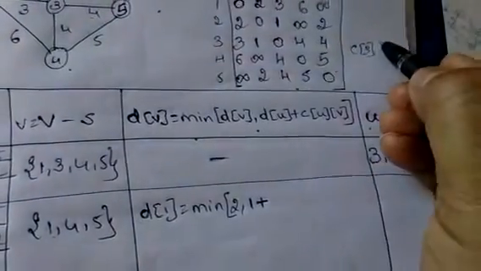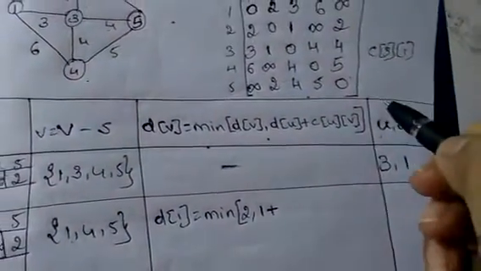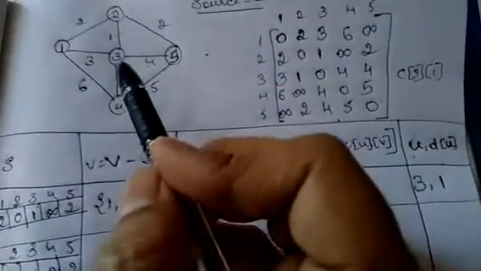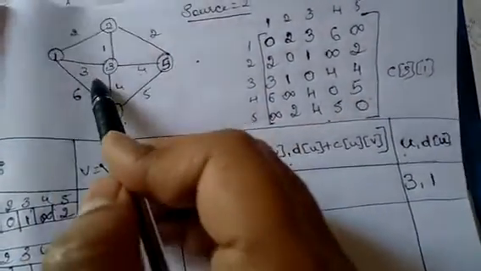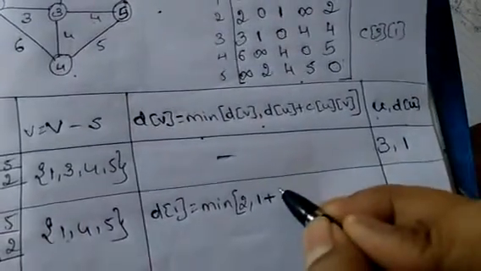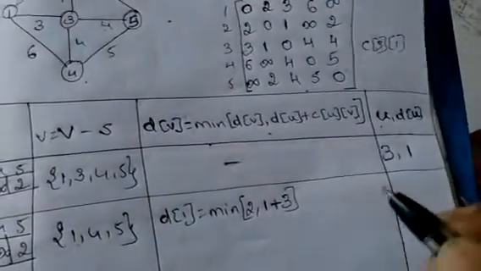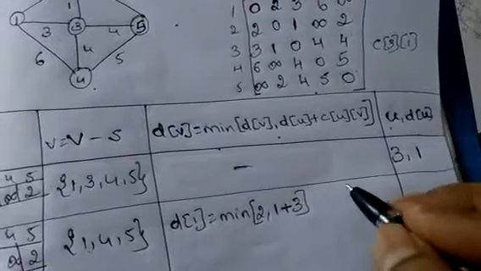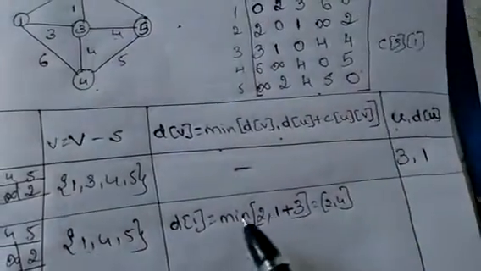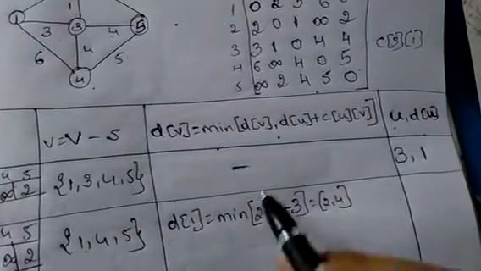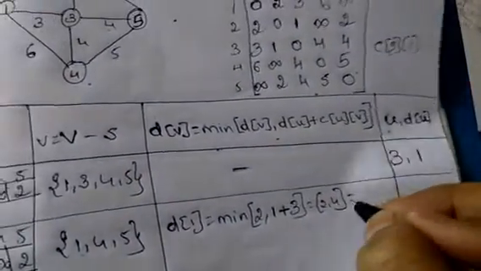It is 1. So C of 3 to 1. What is the meaning of this? From 3 to 1, what is the weight that you have to take? It is 3. So C of uv is 3. Okay, so you'll get 2, 4. Which is minimum among 2 and 4? Min of 2, 4. 2 is minimum.